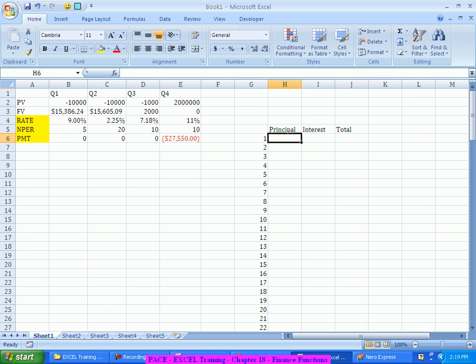If I add up the principal component and interest component, it should be equal to my EMI. So for finding out the principal component of the loan for that particular period, I use a formula called PPMT, the principal part of the PMT. Principal part of the PMT is PPMT and interest part of PMT is IPMT. I can use these two formulas.